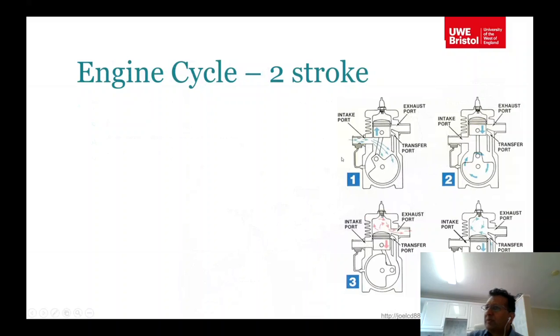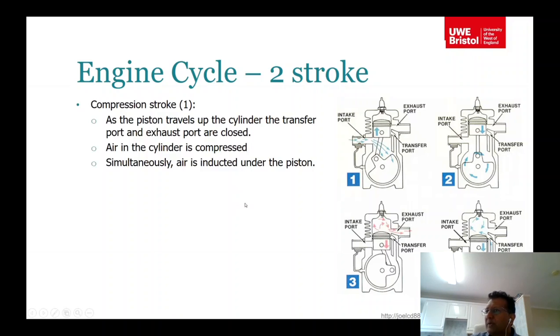And this picture gives you two-stroke and four-stroke engine cycles. So in the two-stroke engine cycle, you normally have a port there. What the port does is it allows air to come into the chamber.